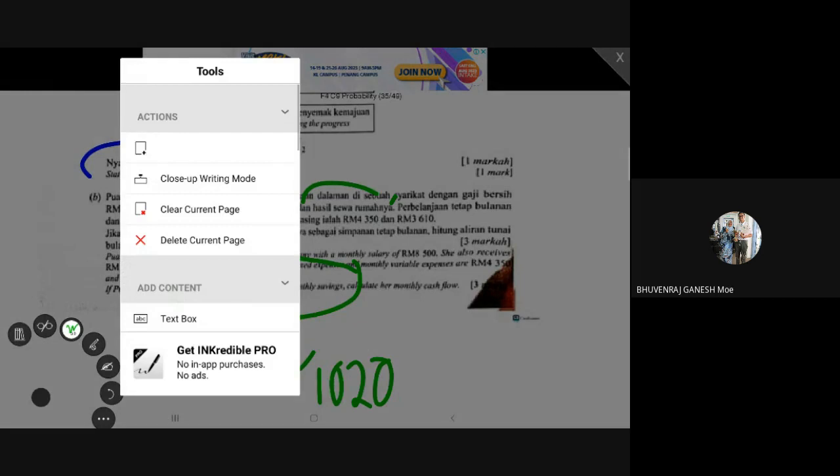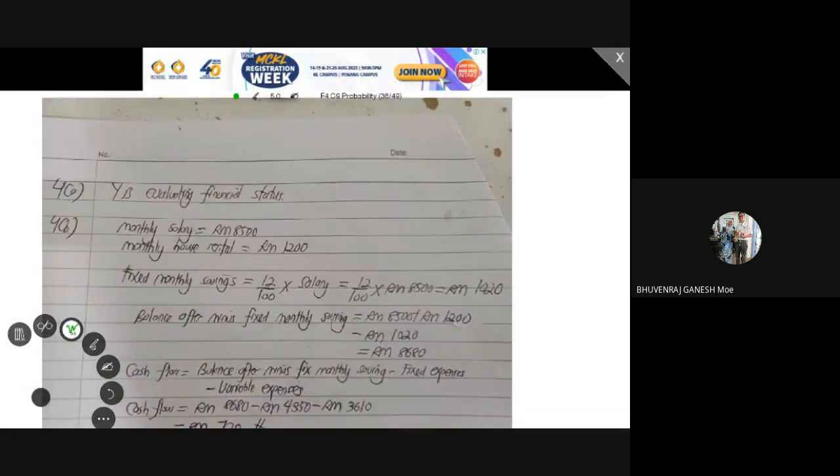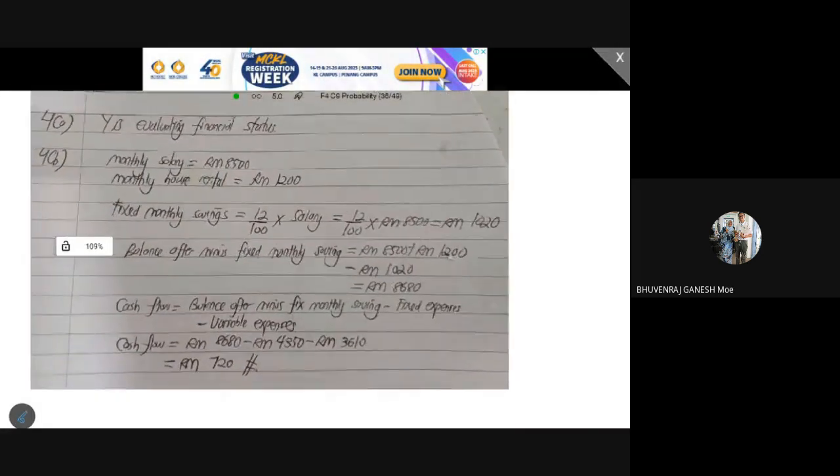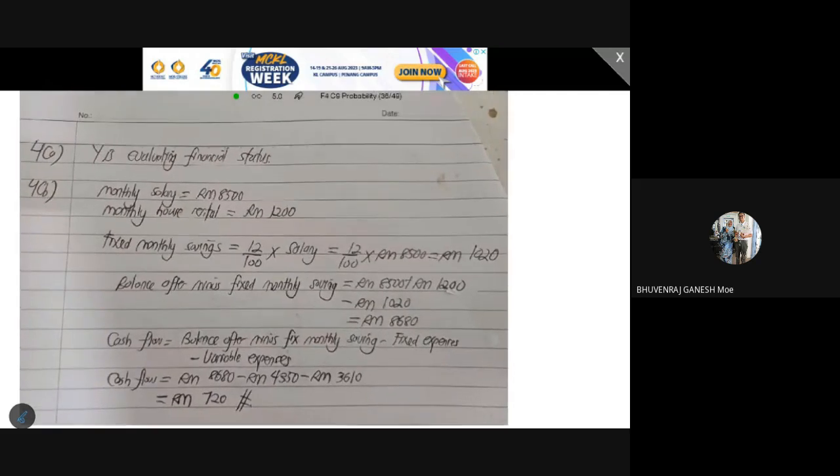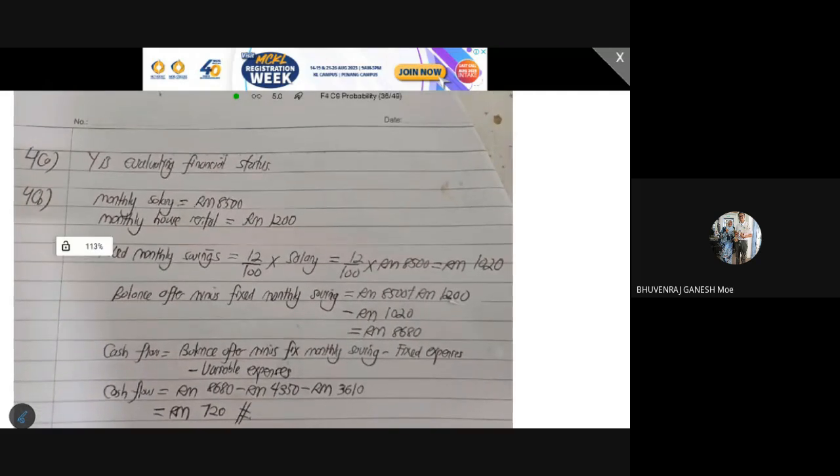So you can see my working over here. Okay, this is how your working will look like. 12% times salary, tadi kita dapat nilai ni kan, we got this value, 1020. And then saya kena tambah, yang ni saya tambah dengan income dulu. Hasil sewa bulanan tambah dengan gaji dia. The salary plus the income from the house rental.